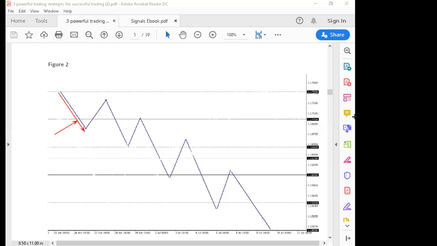So if the price moves below this level, I want to be a short seller. Therefore, I'll place my sell stop somewhere around there.